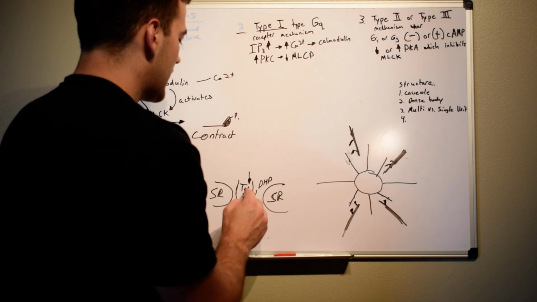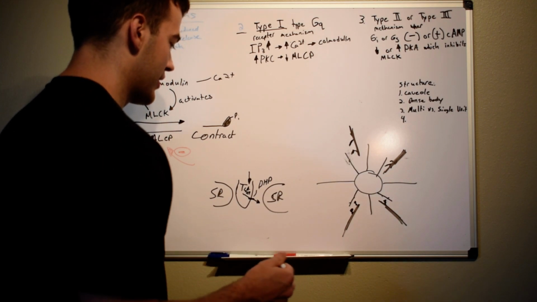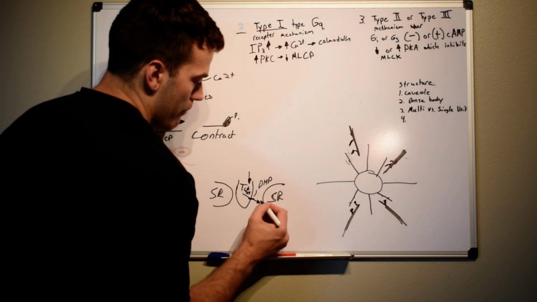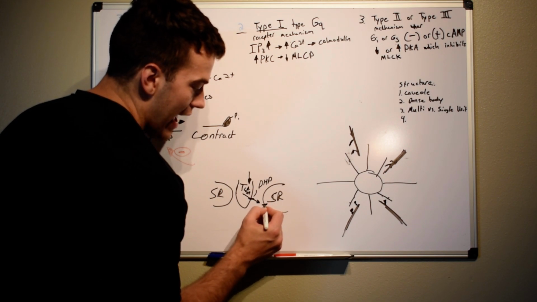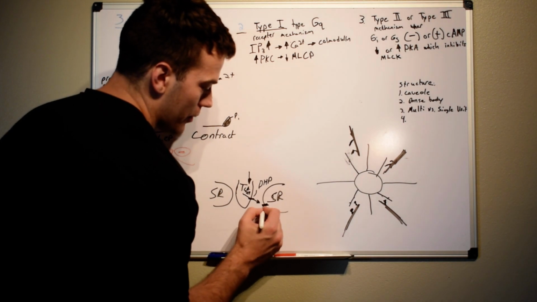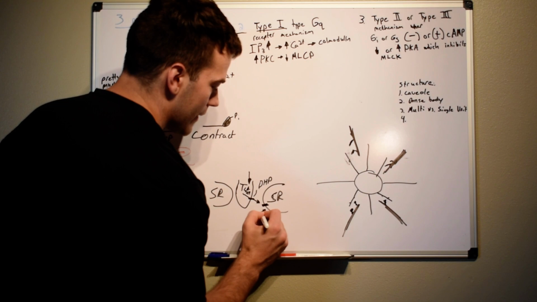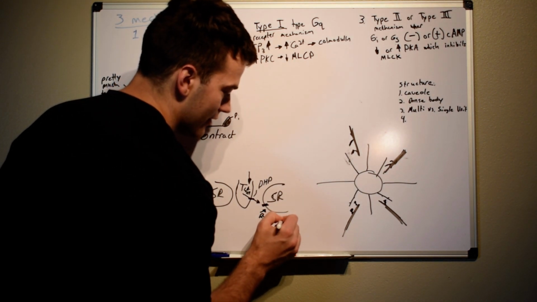The calcium from outside the cell is not enough to contract the skeletal muscle fully. I'm talking about skeletal muscle here again. But if you let in just enough, there are receptors on the sarcoplasmic reticulum called the ryanodine receptors.